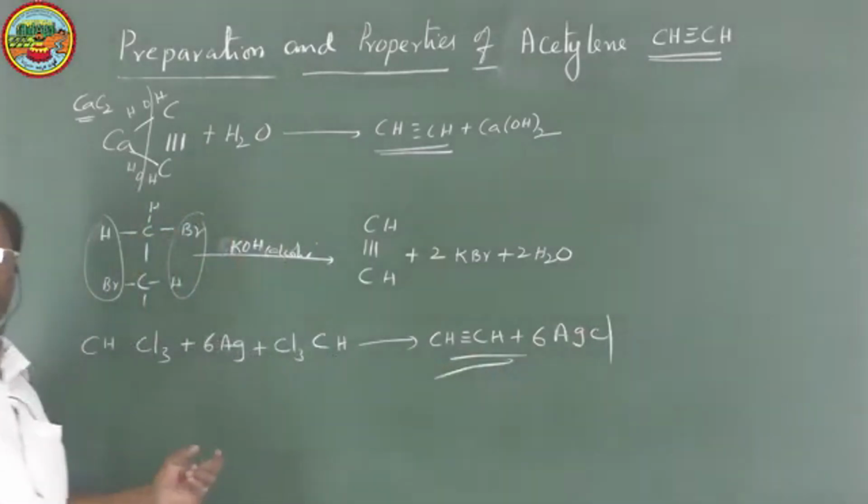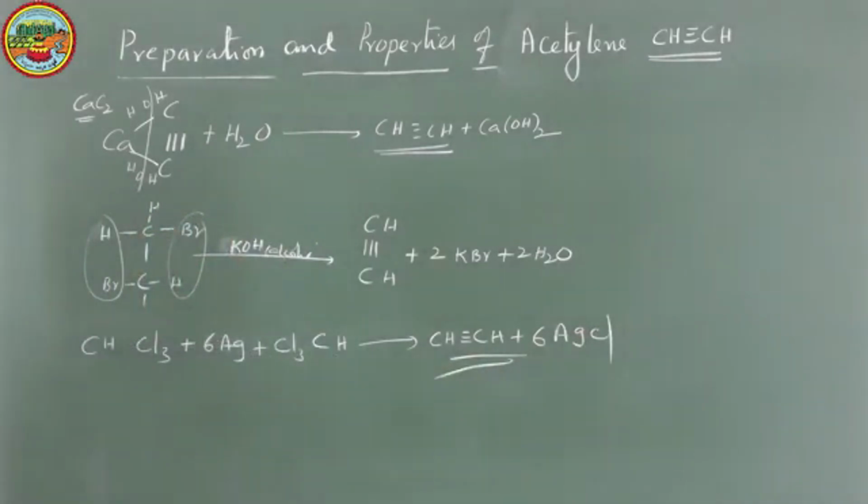This is just like the Wurtz reaction. If we heat chloroform with silver dust, we will get acetylene. These are the important methods of preparation of acetylene.